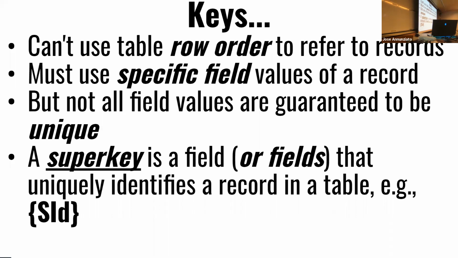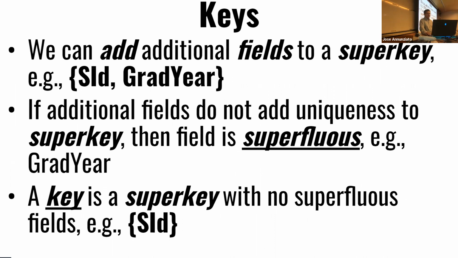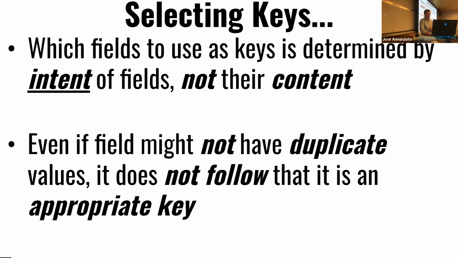I don't need it to make you more unique. So we say that first, middle, and last name is a super key that contains the key, which is first name and last name. Just database jargon. A super key might contain a superfluous key.